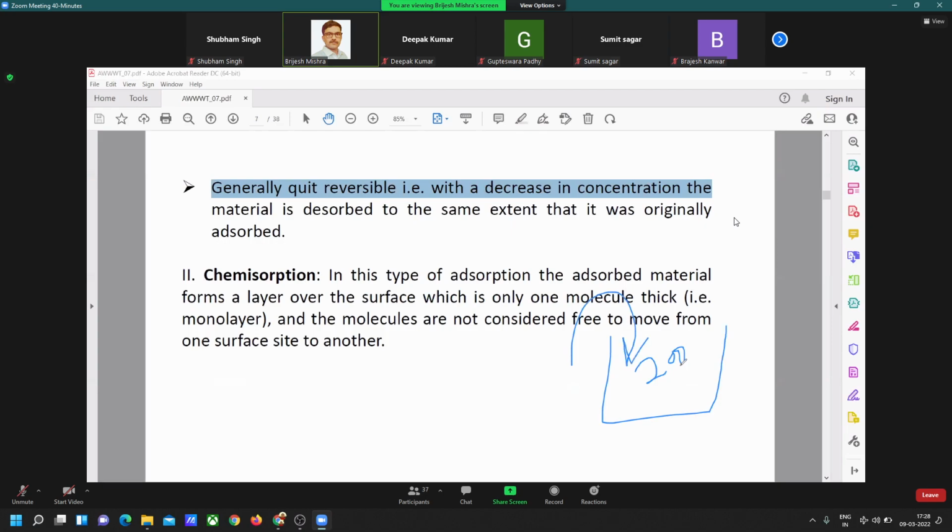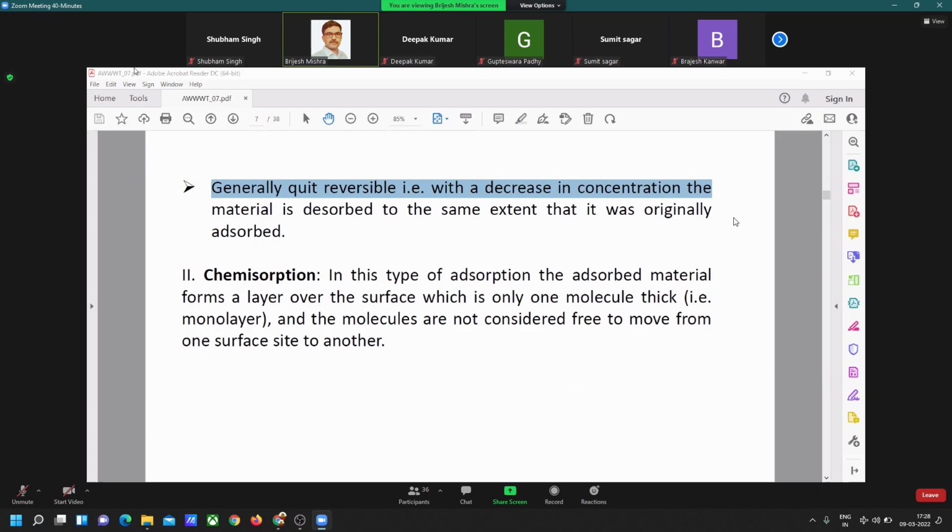The concentration goes 200 to 190, 180, 160, 150. Then again, it may be possible that to some extent, it is reversible, and some adsorbate is going to dissolve from this surface, because it is a physical process, there is no chemical bonding, and that's why it may be possible.